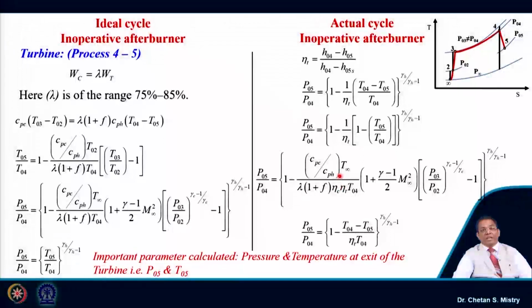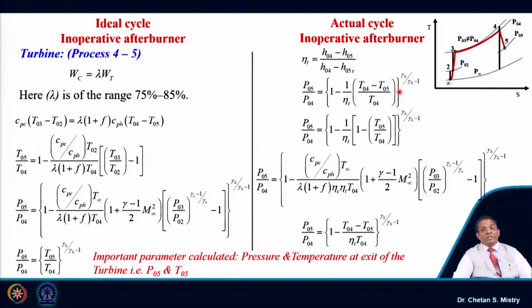Now, a very important thing you need to observe is my gamma, which I have changed with the suffix H, representing my specific heat ratio that will be changing. When the combustion is happening, because of the dissociation process we will have a change in the properties, called Cp and Cv.